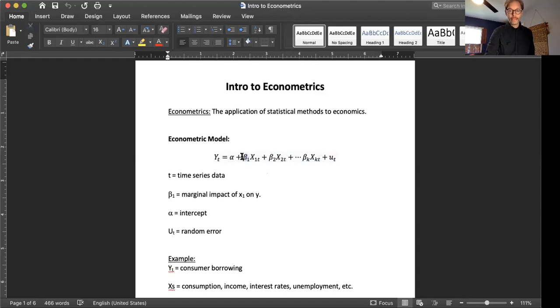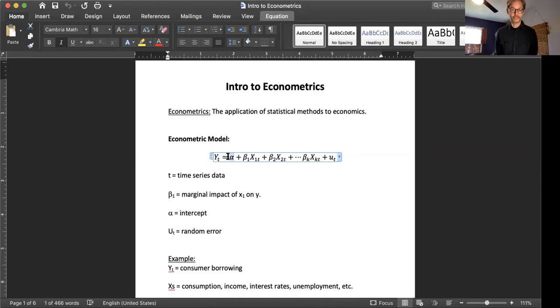What are the betas here then? The betas are what we call the coefficients, or the impact of each of these X's on Y. So beta 1 captures the impact of X1 on Y. Beta 2 captures the impact of X2 on Y. Then we have an intercept, or a constant.